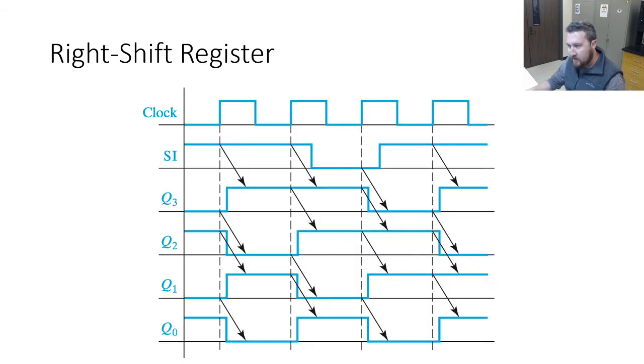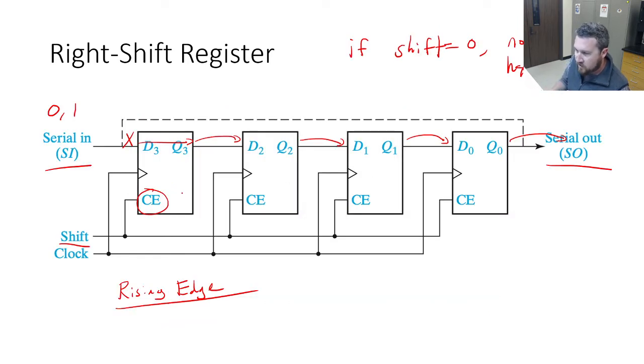Let's take a look at the timing diagram to illustrate what's going on. So we have our serial input here. This diagram assumes shift equals 1, so everything's going to run. And then here on the first rising edge, right, Q3 takes directly from serial input 1. SI is attached to D3 or Q3.